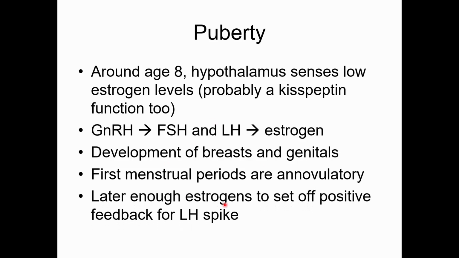It's because she has enough estrogen to proliferate the endometrium, but not enough estrogen to set off the positive feedback mechanism. Maybe 6 months to a year later, she matures enough that she's making enough estrogen that not only does she proliferate the endometrium, but she triggers those positive feedback neurons, and she sets off that feedback for the LH spike, and now she is fertile.